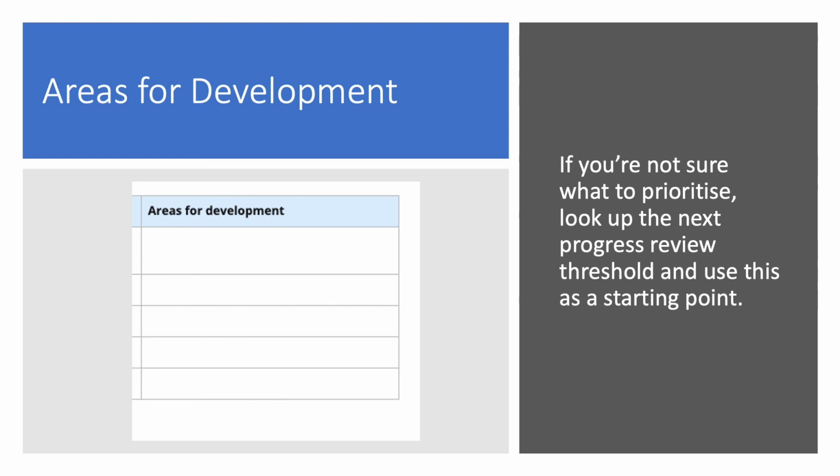Well, it's a really good idea then to flip to page 11 of the Assessment of Student Teachers on Clinical Practice guide, where you'll find the next key assessment point threshold. So it'll be good to have a look at where you're supposed to be for your next progress review, which will then give you an indication of where your areas for development are going to need to be focused in preparation for that next progress review.